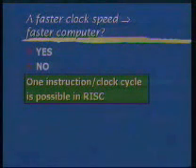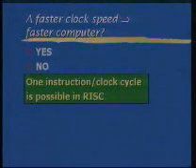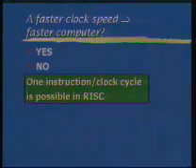One more thing which I would like to point out here is, fine, the instruction can be executed in some clock pulses, but is there any case where an instruction can be executed in 1 clock pulse? And how is it going to be possible? Well, there are cases when we can execute 1 instruction per clock cycle, and that is the technology we call RISC, that is Reduced Instruction Set Computers.